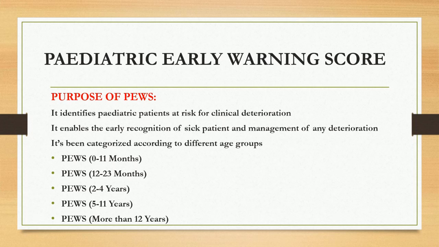It's been categorized according to different age groups, that is from 0 to 11 months, 12 to 23 months, 2 to 4 years, 5 to 11 years, and more than 12 years. In this video, we are going to discuss 0 to 11 months.